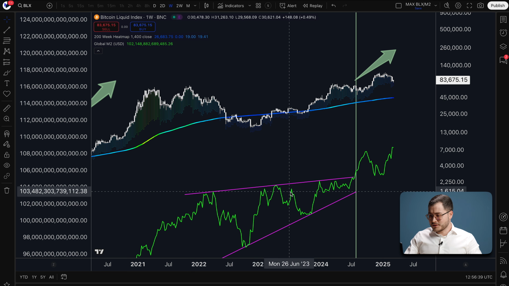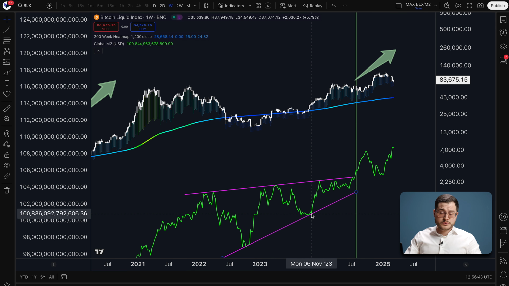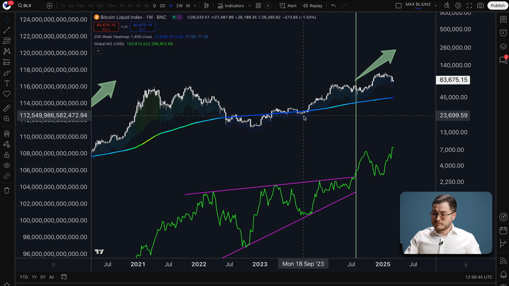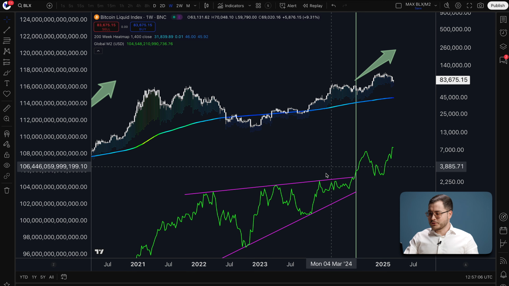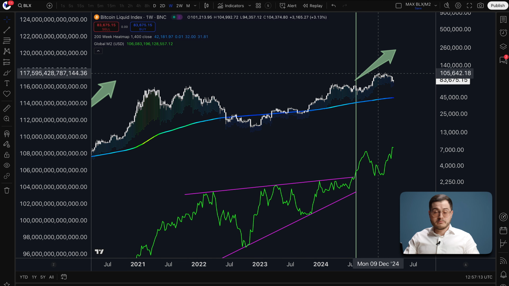And then the next local top for global money supply, next Bitcoin top. Local bottom for global money supply, a little local Bitcoin top. To be fair, Bitcoin held up pretty nicely in that phase, but still a lower low. And then what followed? I mean, you can see it for yourself. We had the next local top in global money supply, and we had a top in Bitcoin to follow.